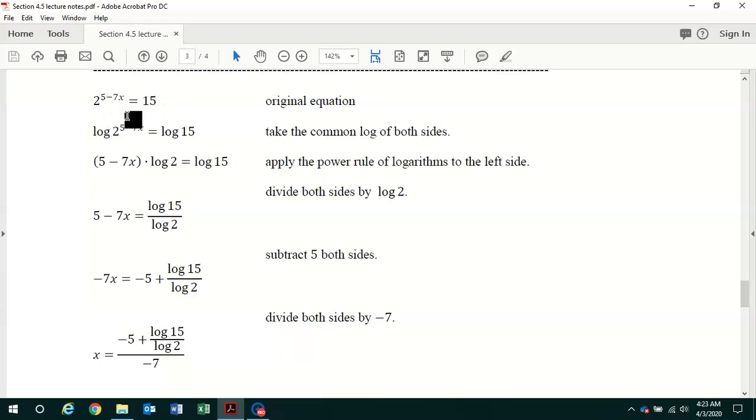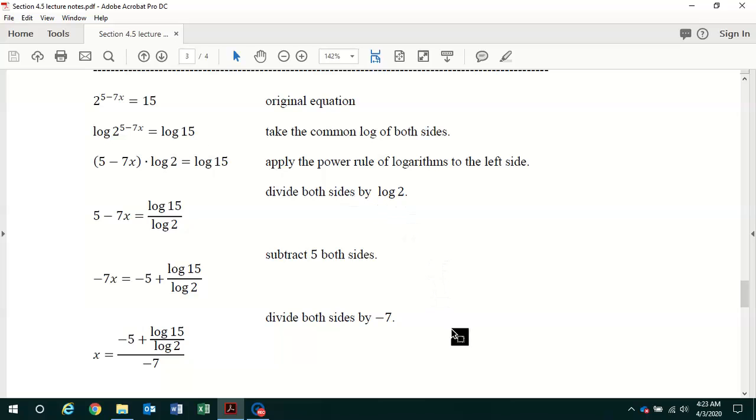Remember, the exponential is already isolated on the left-hand side, so we take the common log of both sides. And because the left-hand side equals the right-hand side, we can do that. And so 2 to the 5 minus 7x becomes the argument inside the common log on the left-hand side, and 15 becomes the argument inside the common log on the right-hand side.